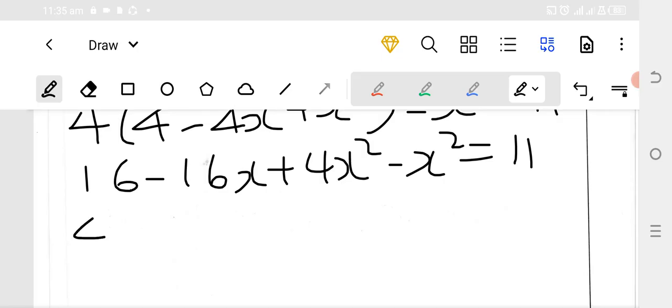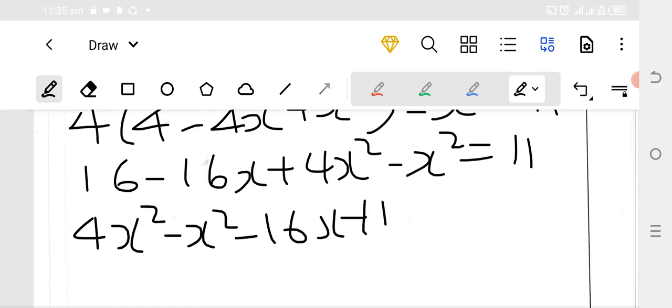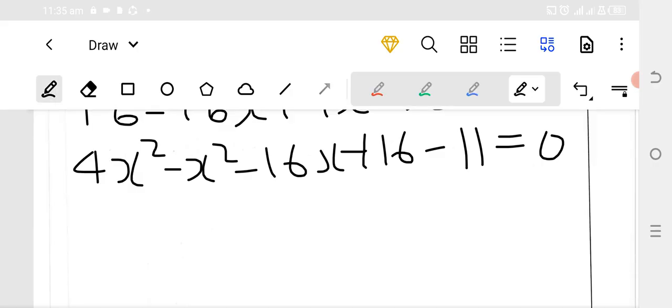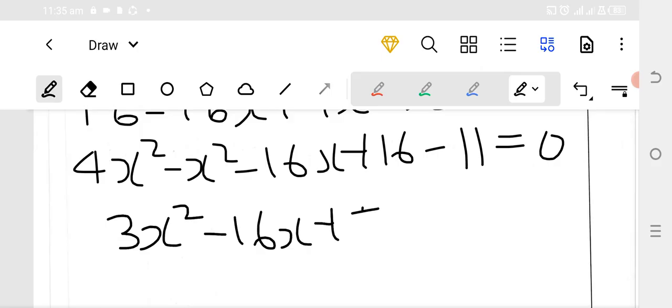So it will be 4x squared minus x squared minus 16x plus 16. Then this 11 will go to the other side, and it will become minus 11 is equal to 0. To continue, it's 3x squared minus 16x plus 5 is equal to 0.